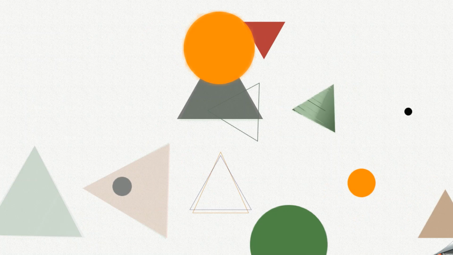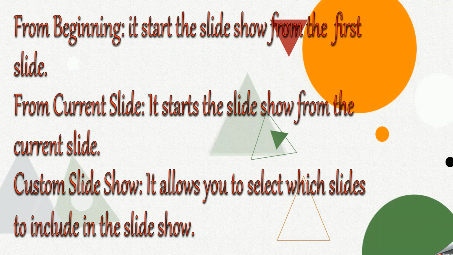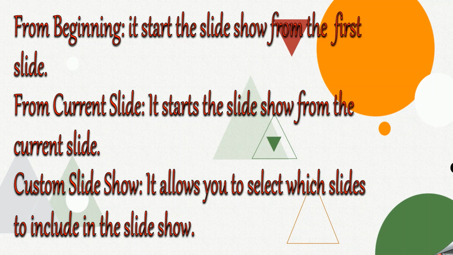There are 3 different types of slideshows we can start. One, from the beginning. Second, from the current slide, which is the selected slide. And the third one, custom slideshow, where I select only a few slides and present them as a slideshow.